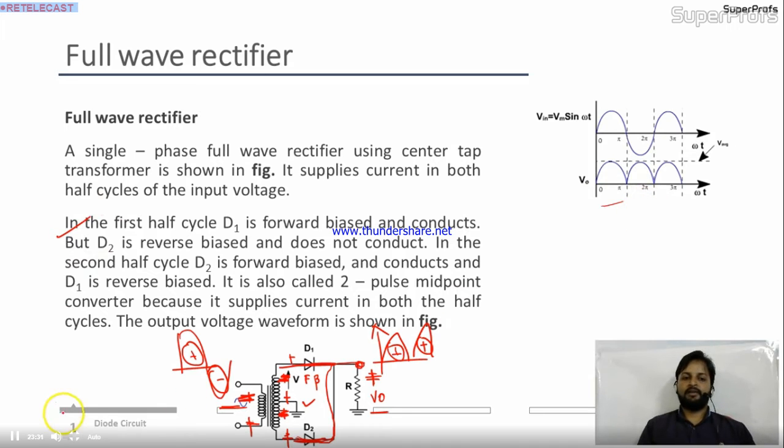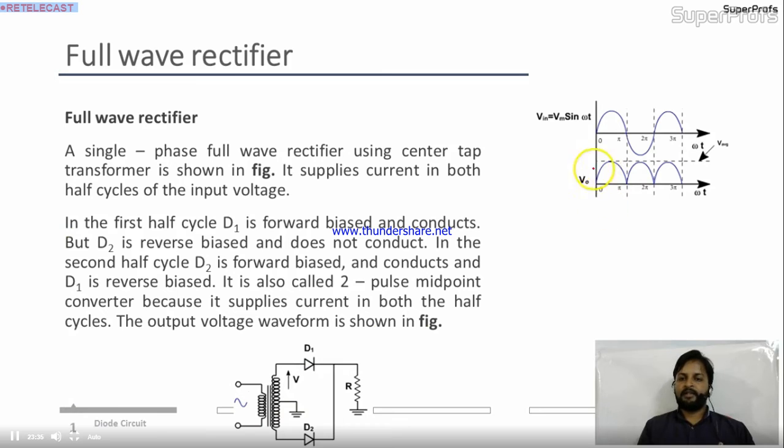Now the next stage will be to calculate V average. From 0 to 2 pi you will consider it, and in both cases you are getting Vm sin omega t. You have to integrate it with respect to omega t.